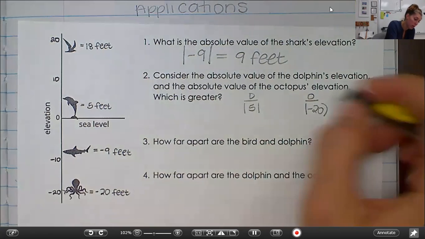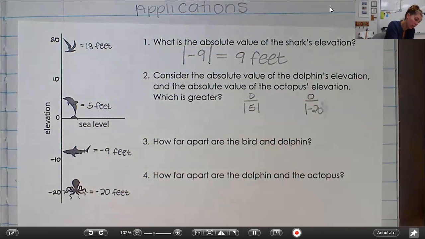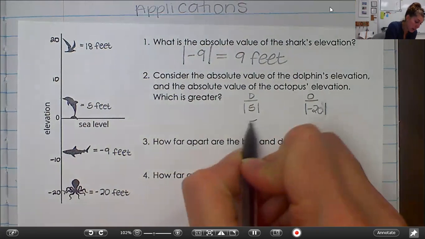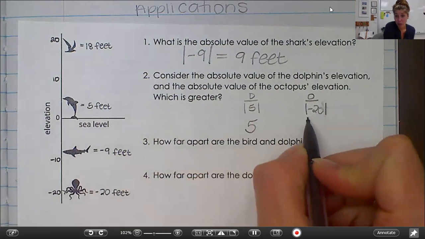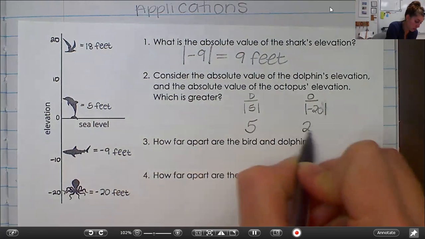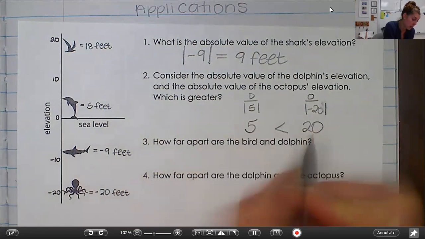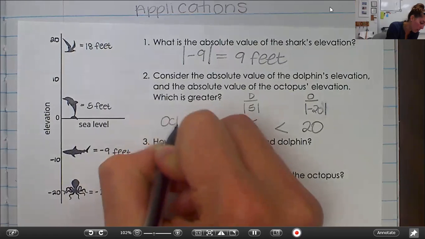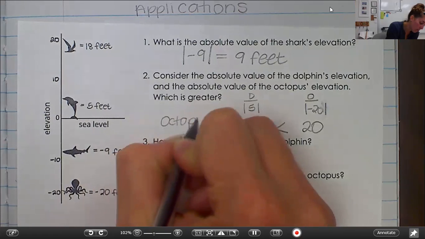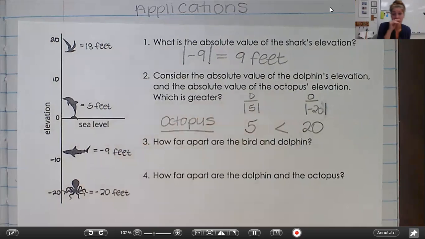Oops, wrong symbol. Okay, so absolute value of 5 is 5. Absolute value of -20 is +20. So the dolphin, or excuse me, the octopus has the greater absolute value, the greater distance from sea level.